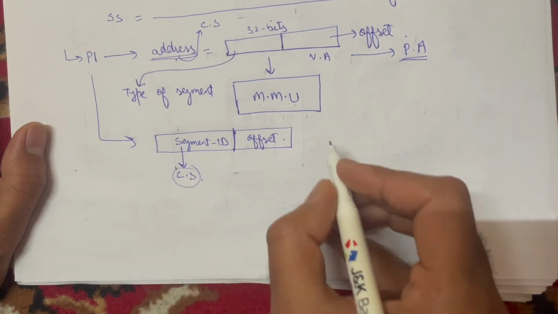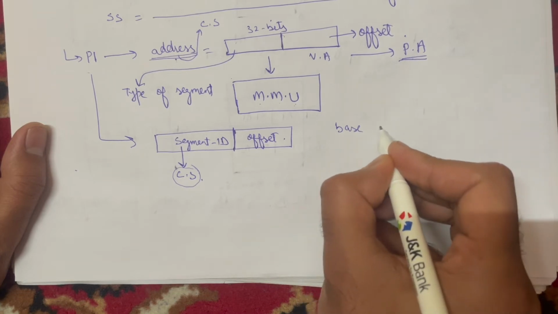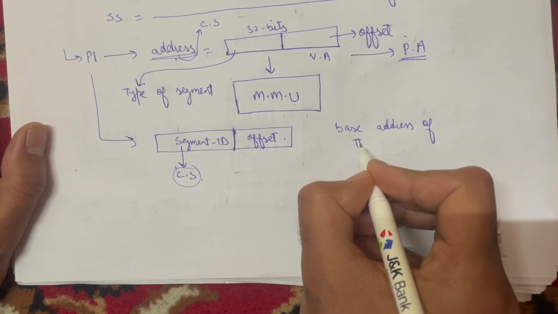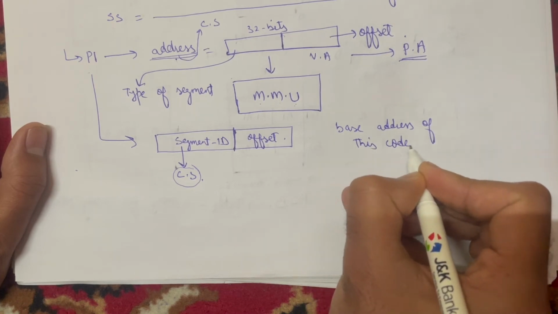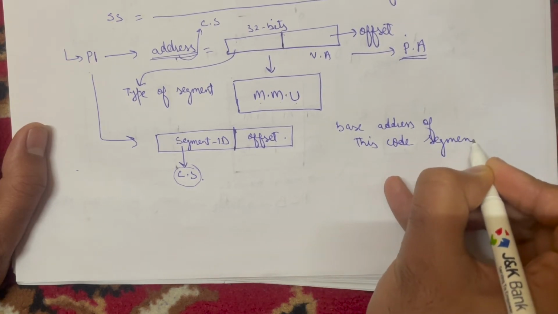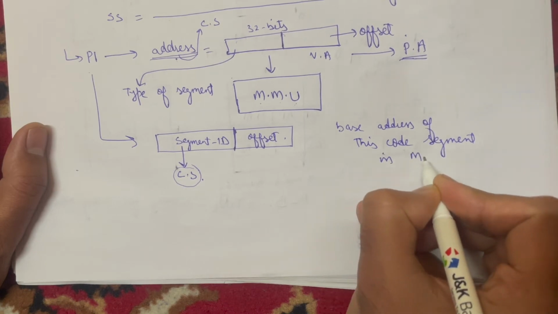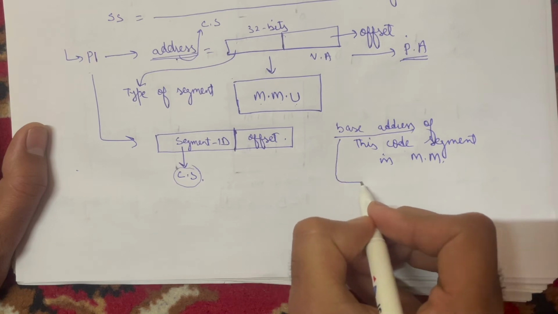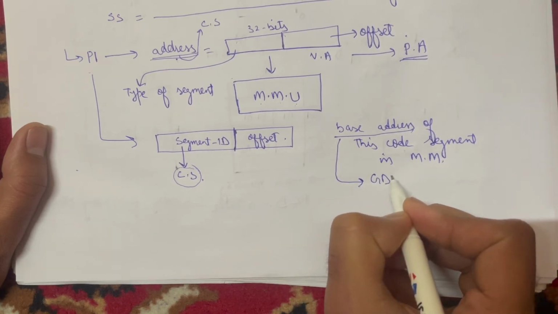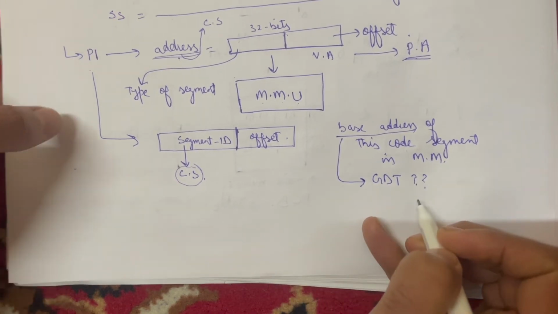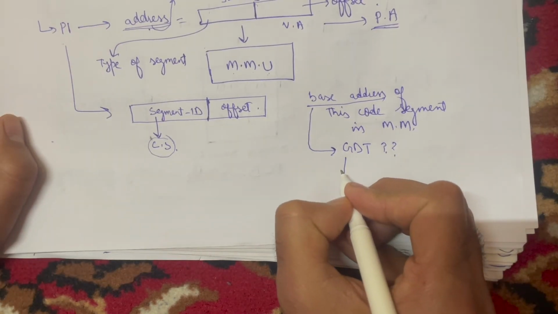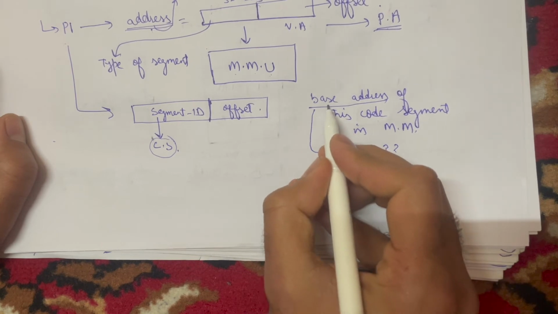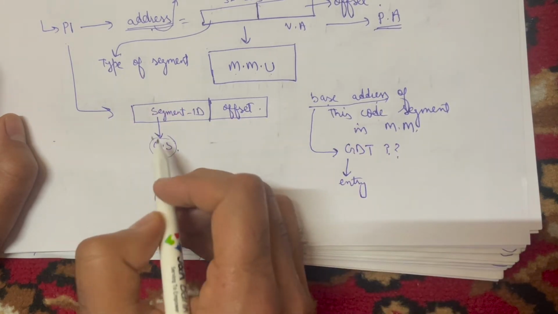Then my memory management unit has to find the base address of this code segment in main memory. And how can I find the base address? I can find it in the GDT. But where in the GDT? I need that particular entry of the GDT where I have stored the base and limit of this code segment.